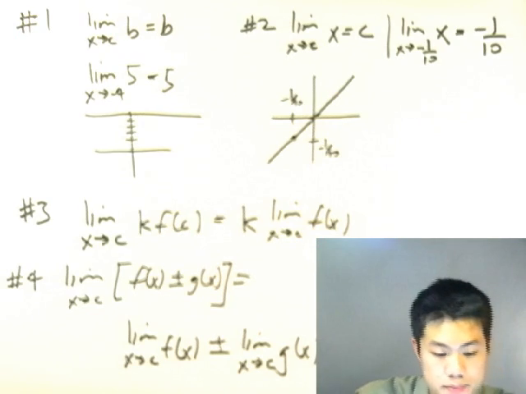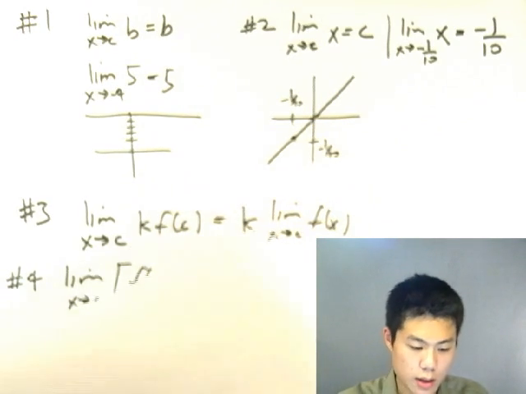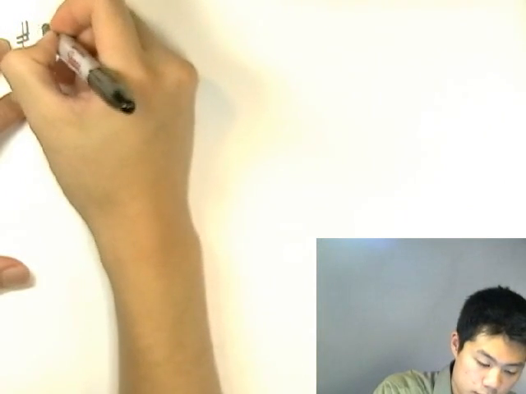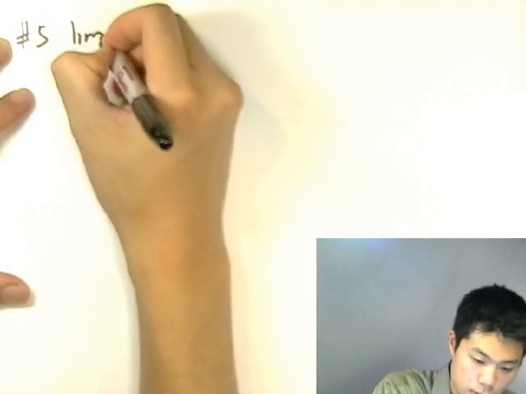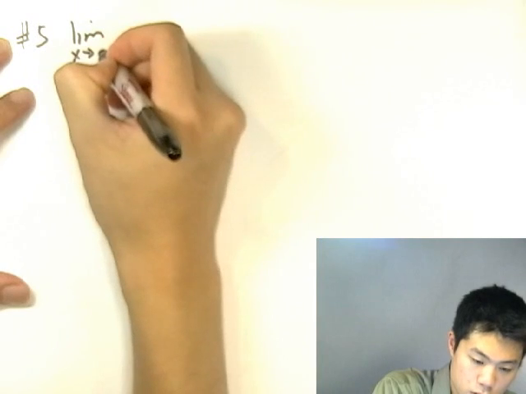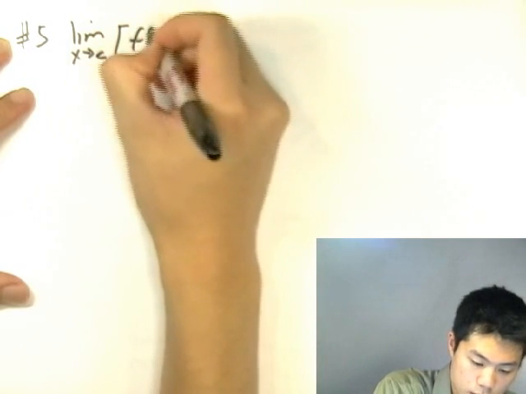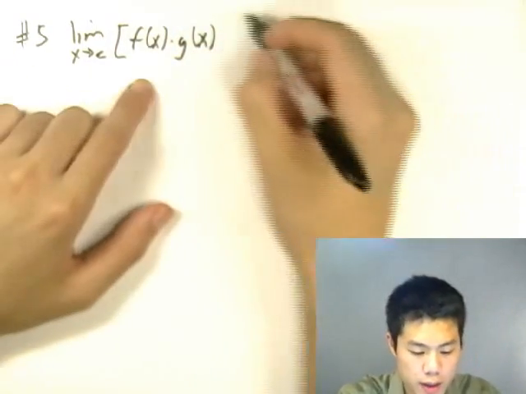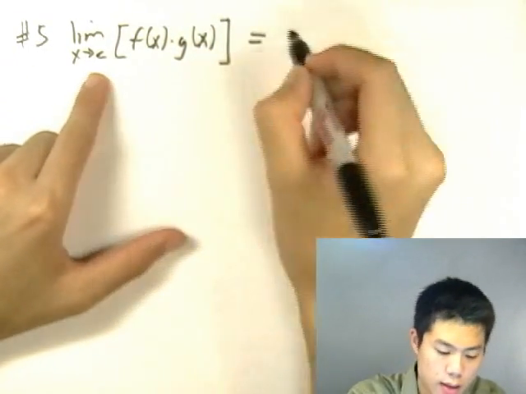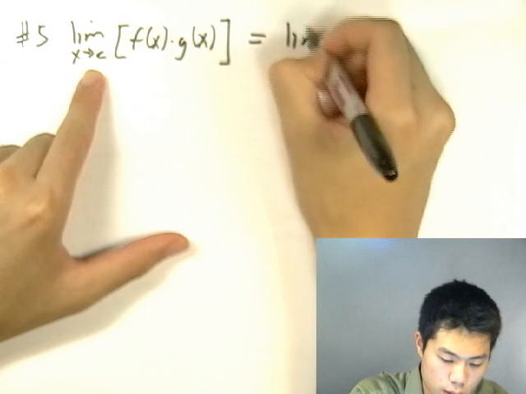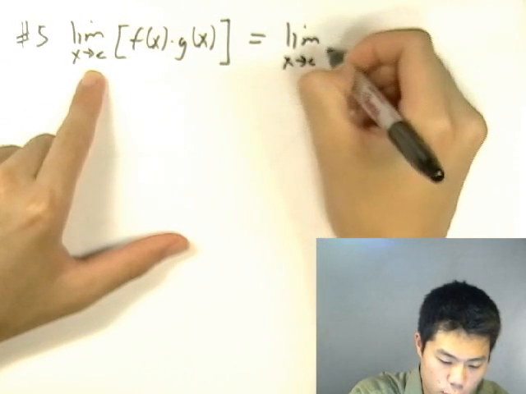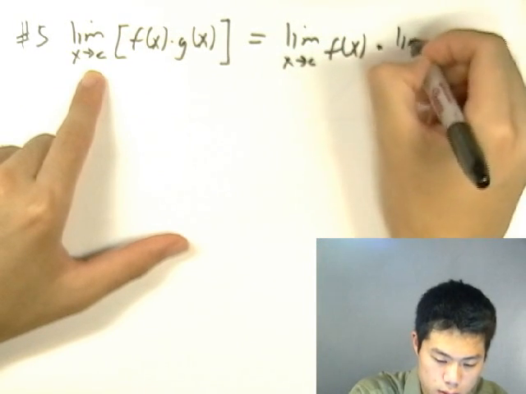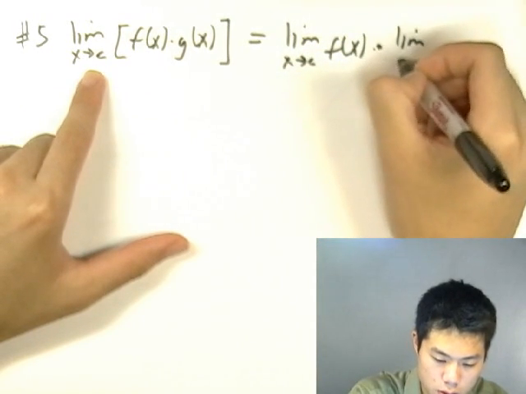Property number 5 is with functions multiplied together. If we take the limit of f of x times g of x, that's equal to each limit evaluated individually and then multiplied together.